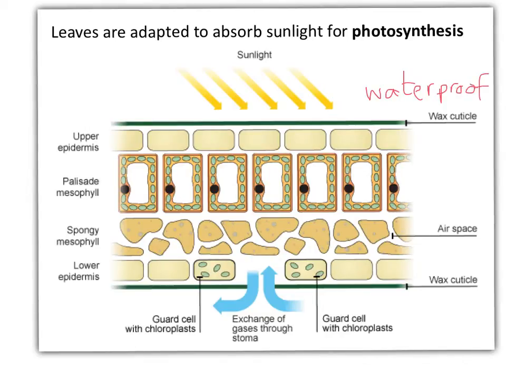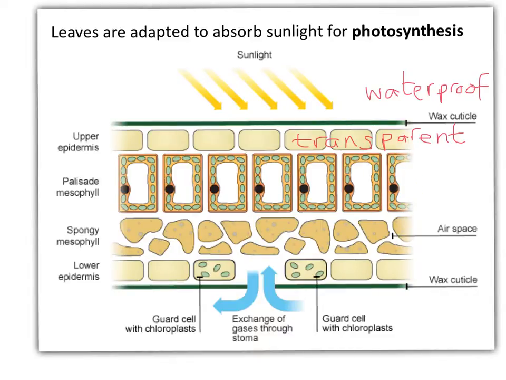We then have the upper epidermis. Now the upper epidermis is transparent, and what that does is it basically allows light to get through to this layer here. Now this layer is called the palisade layer. If you have a look at this layer, you can see that the cells are really long.